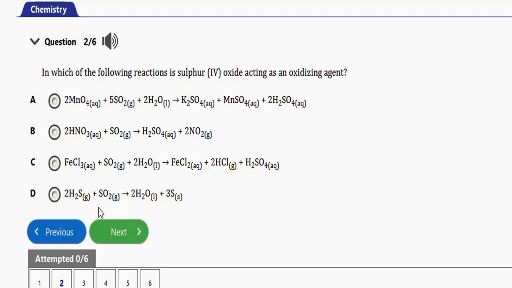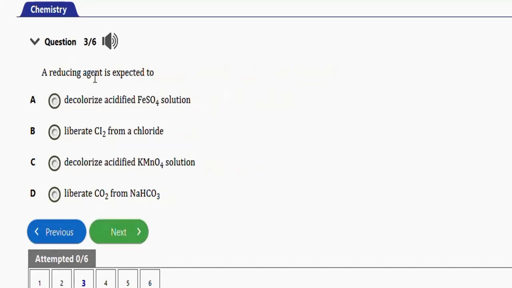The next repeated question is this one. It says a reducing agent is expected to react to: decolorize acidified iron(II) tetraoxosulfate(VI) solution, liberate chlorine gas from a chloride, decolorize acidified potassium manganate(VII) solution, or liberate carbon dioxide from sodium hydrogen trioxocarbonate(IV).